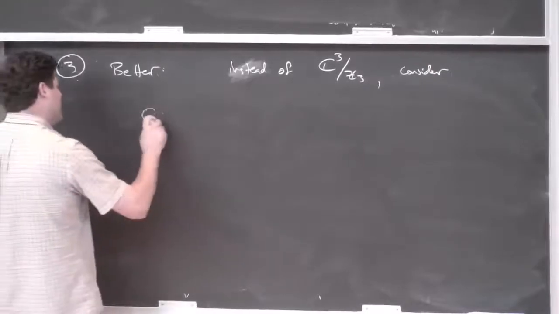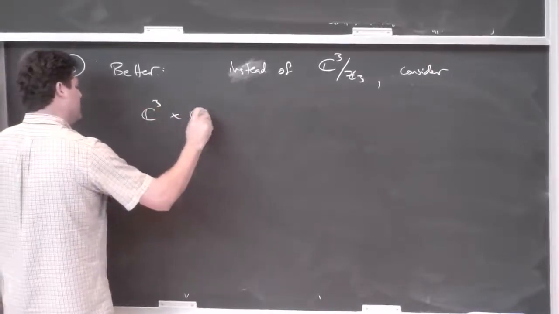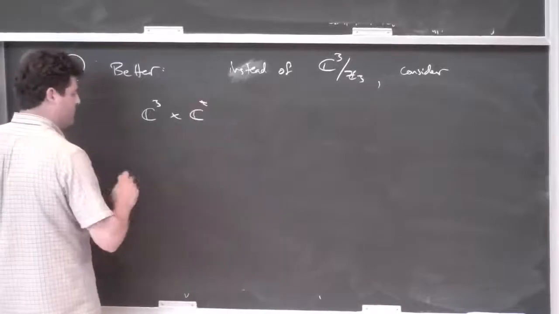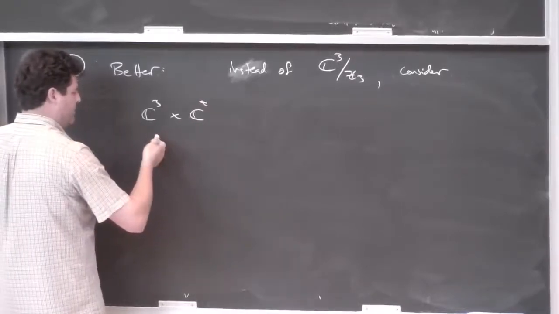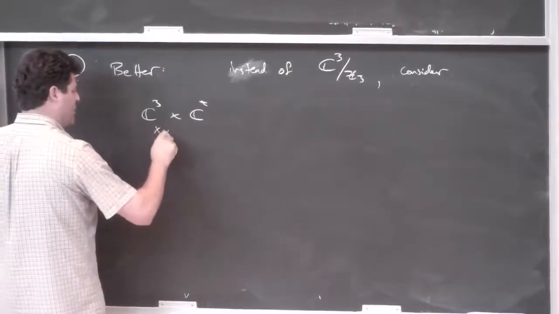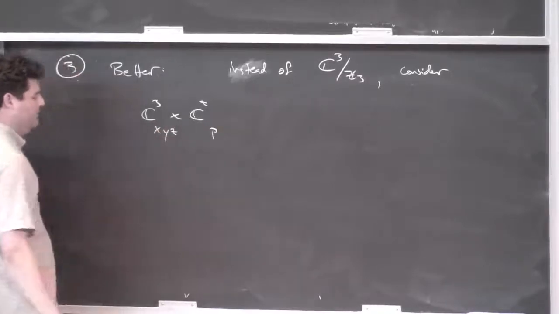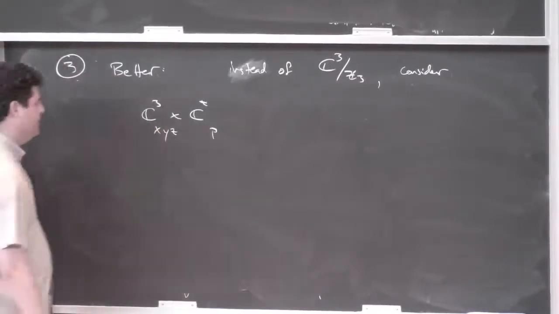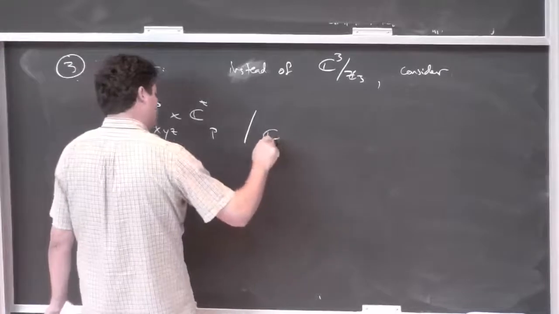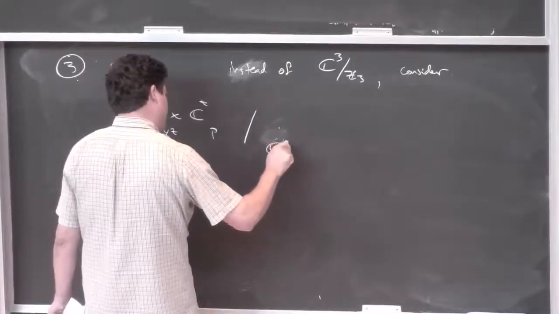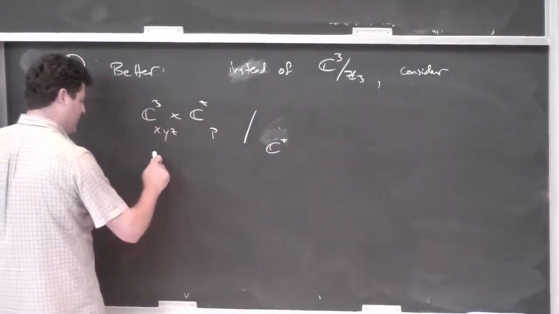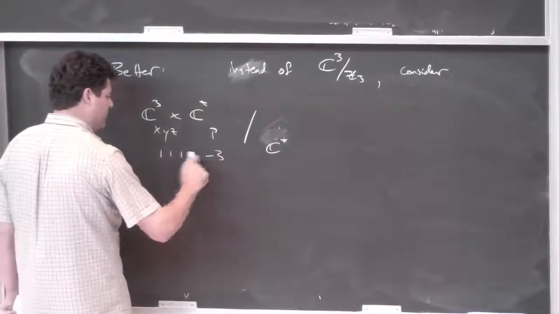Let's consider C3 cross C star with coordinates x, y, z here and p there, mod C star, this acting with weights 1, 1, 1, and minus 3.